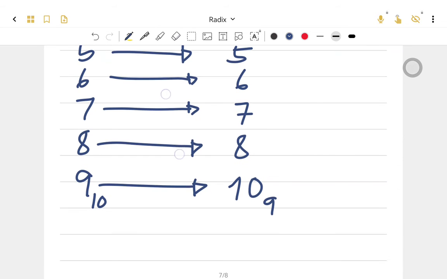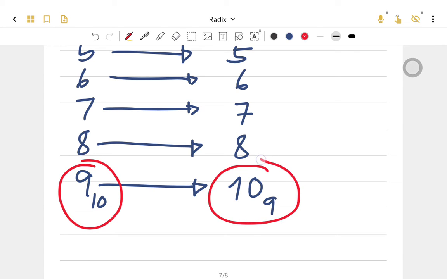All right. And then, how to check whether our 9 with the base 10 is equal to 1, 0 with the base 9? To check if it is correct, we are going to multiply 0 times 9 to the power of 0, equals 0, of course.